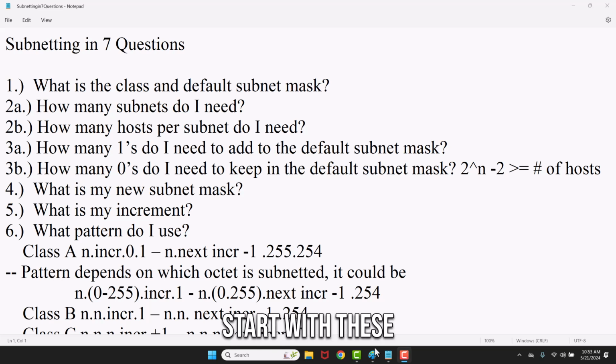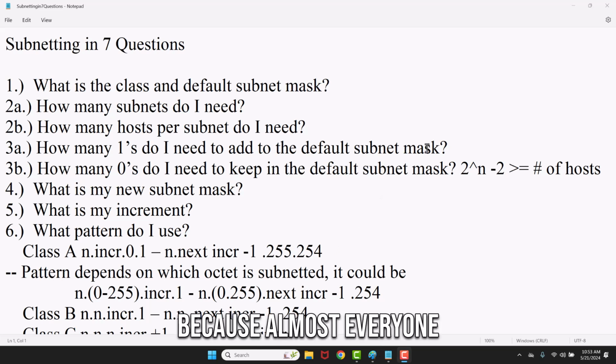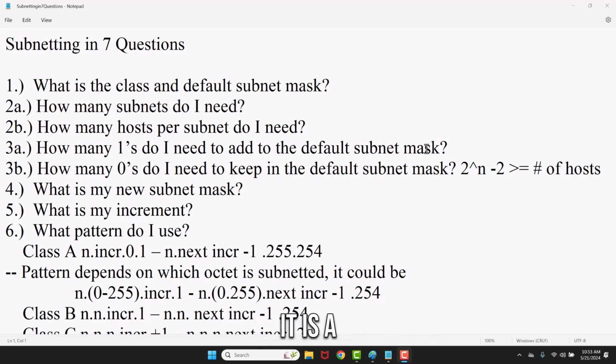I wanted to start with these questions and show you where this type of problem adjusts the series of questions just a little bit. The question for step number 5 is still going to be, what is my increment? But it's not going to be the same increment every single time, because each network is going to support a different number of hosts. So, because almost everyone I know in IT is a little bit different, myself included, let's go be a little different.